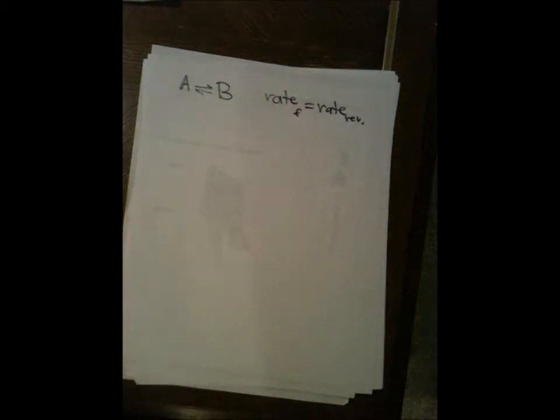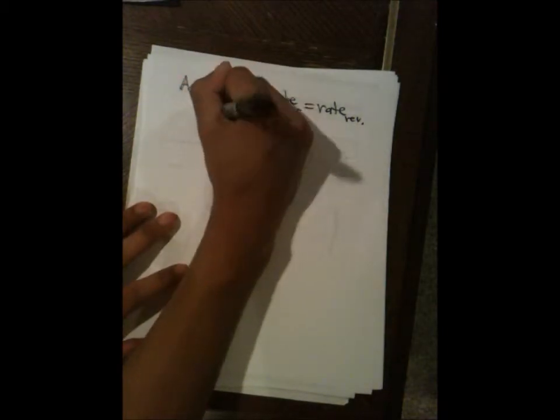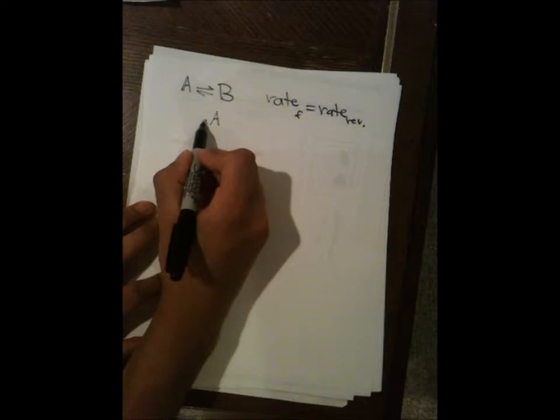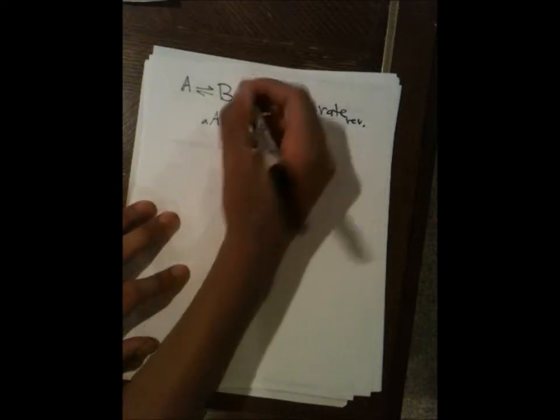Now there's the law of mass action, which gives the relationship between the reactants and products at equilibrium. Basically, you have aA plus bB in equilibrium with cC plus dD, where the lowercase letters are the coefficients and the capital letters are the chemical species.